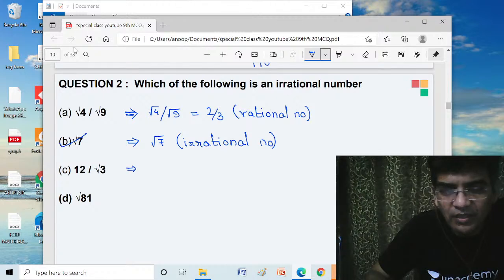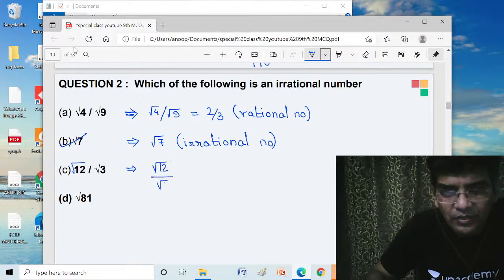This is root 12. This is not 12 but root 12. So I can write it like this: root 12 upon root 3. So root 12 can be written as root 4 into root 3, upon root 3.